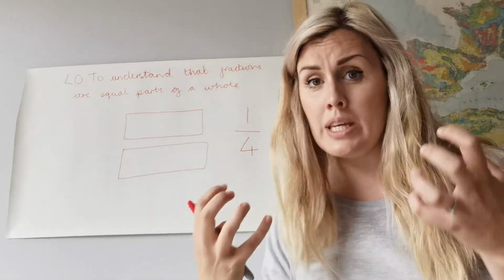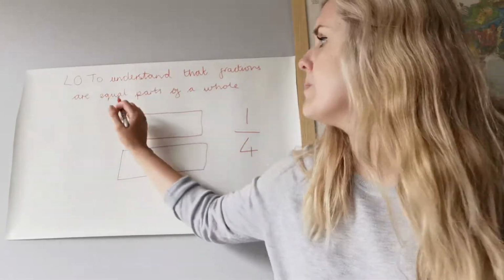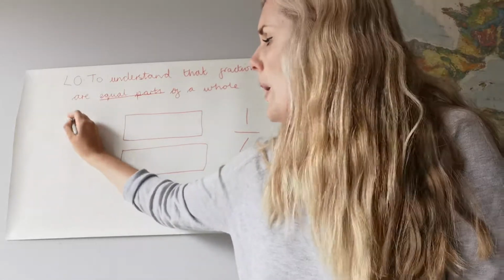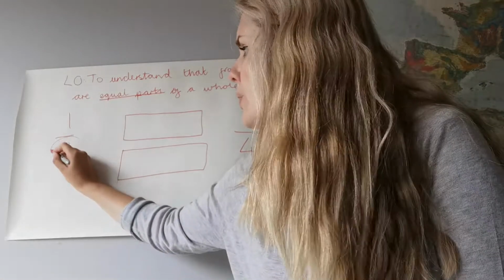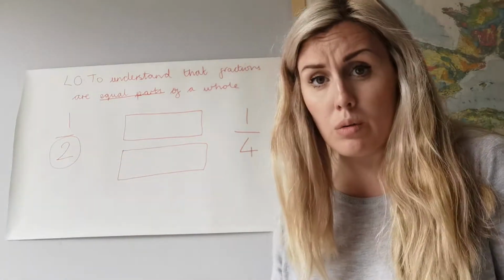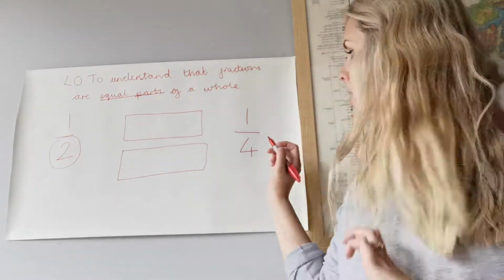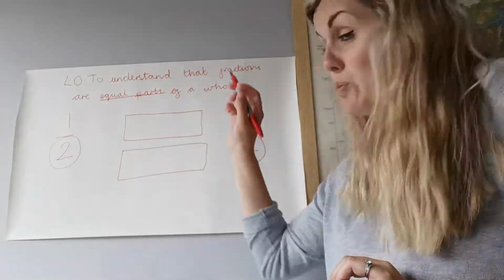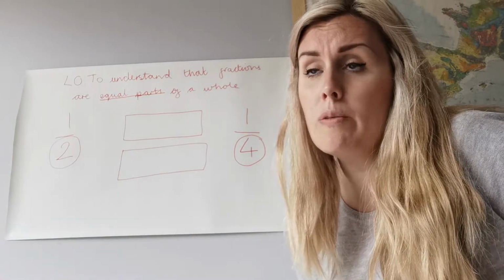So it's all about equal parts. To understand that, fractions are equal parts of a whole. So when you have a half, you are finding 2 equal parts of a whole. Now, when you're finding a quarter, you are finding 4. You're splitting it into 4 equal parts of a whole, okay?